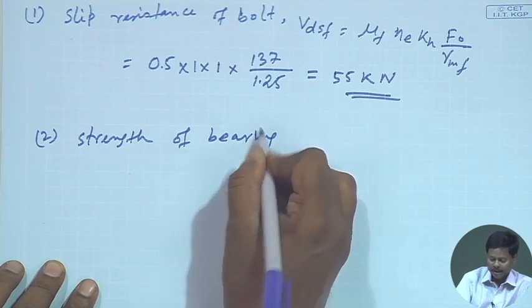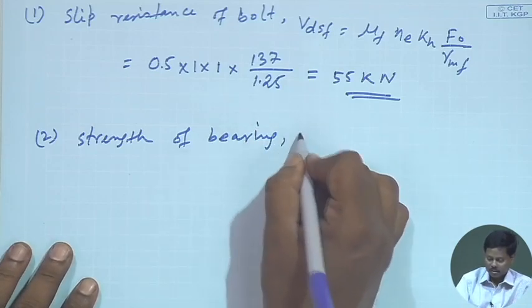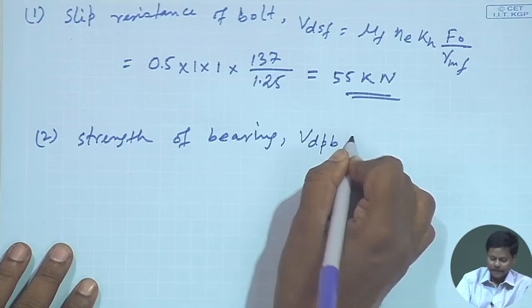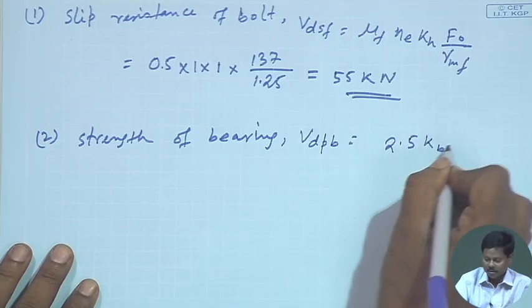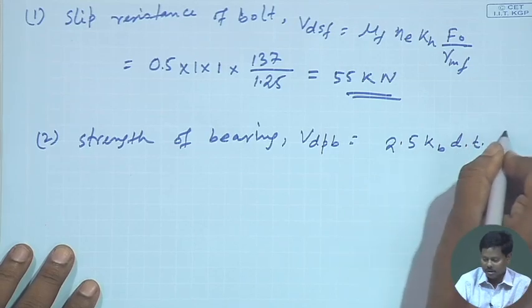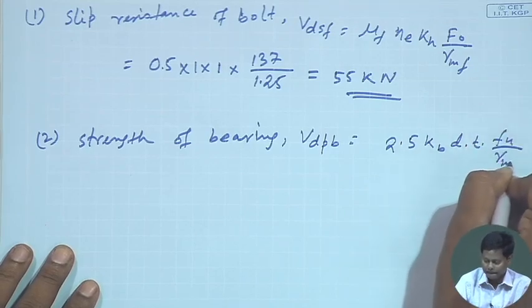So, we have to find out the strength in bearing, VDPB, that we can find out as 2.5 kb d t fu by gamma mb.